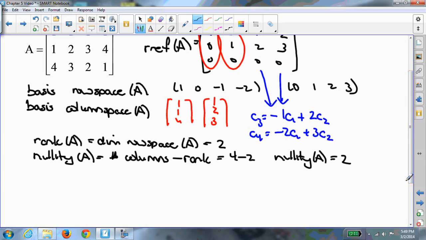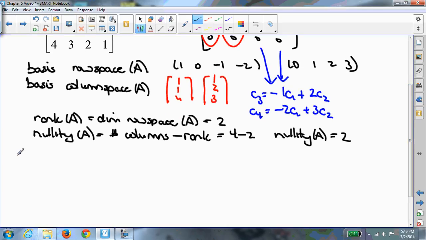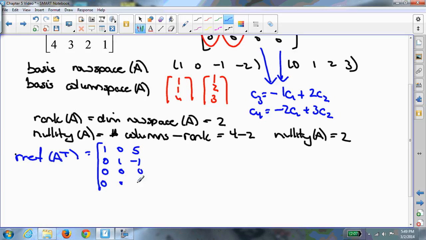Now, suppose I want the basis for the row space in terms of the original rows. What I do in that case is I look at the RREF of A transpose. So if I RREF A transpose, I get 1, 0, 5, 0, 1, -1, 0, 0, 0, 0, 0, 0. Now, we have to kind of think of this backwards. So, the row space of A would be the column space of A transpose.